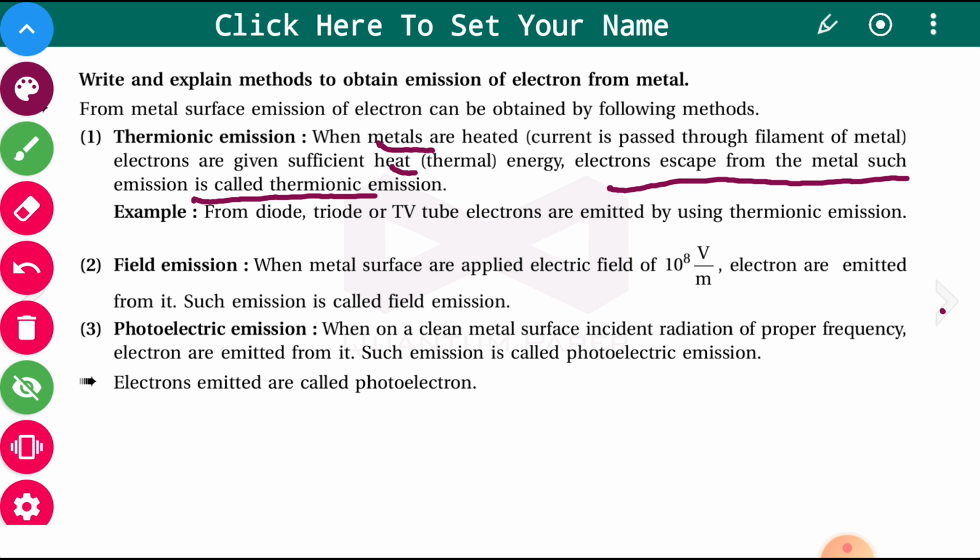Examples are diode, triode, TV tube. Electrons are emitted using this thermionic emission method.